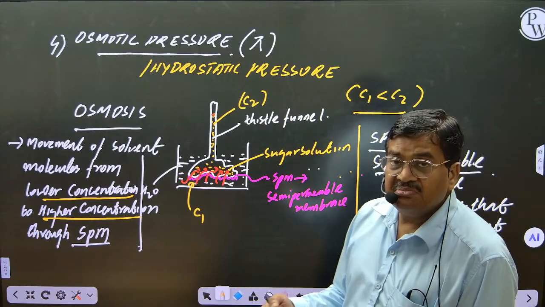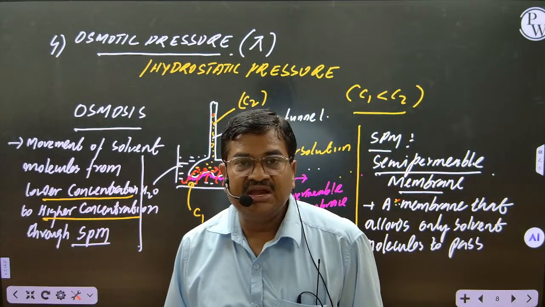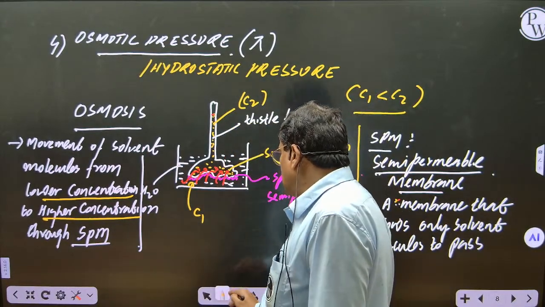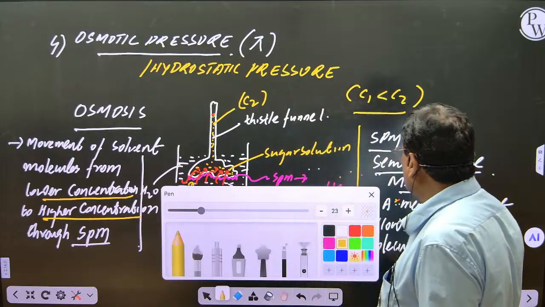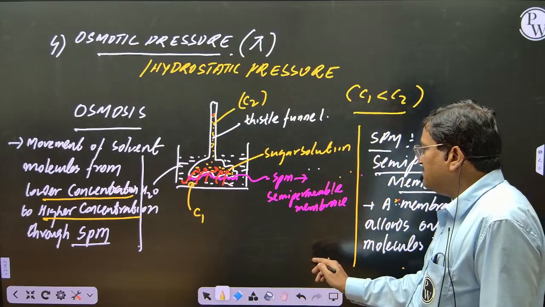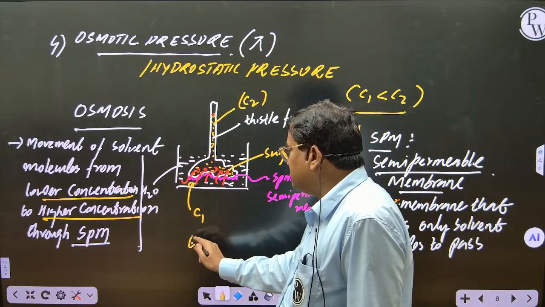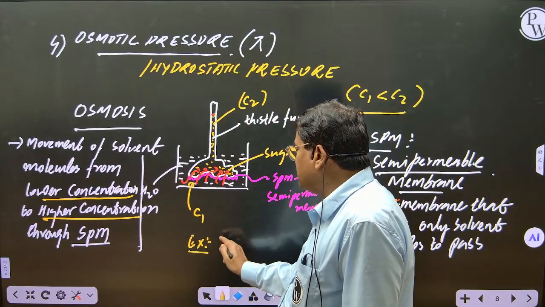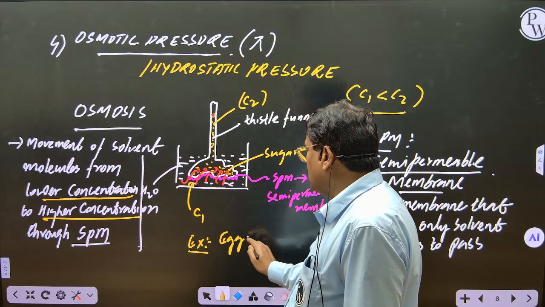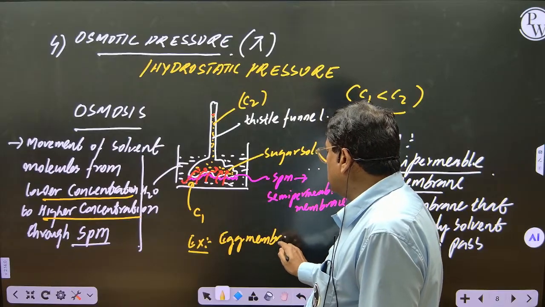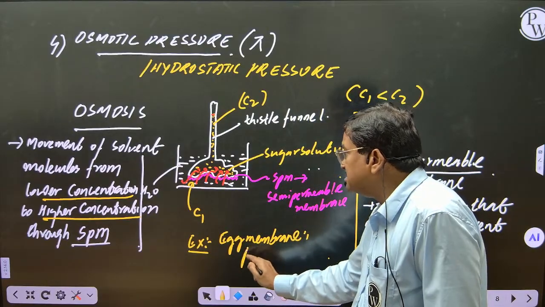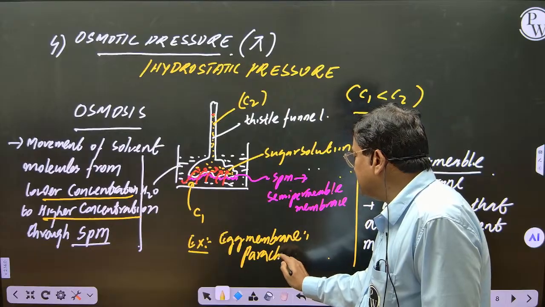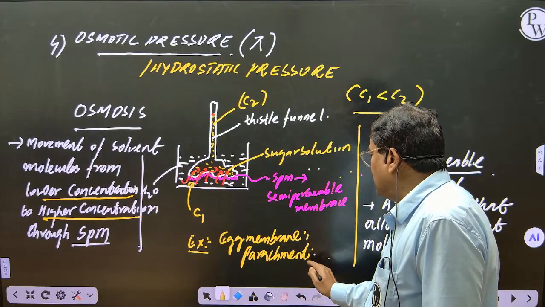Then what are the examples of naturally available semi-permeable membranes? If they ask, right here, egg membrane. On the egg layer, I am writing an example for semi-permeable membrane: SPM, egg membrane, as well as parchment paper, spelling P-A-R-C-H-M-E-N-T, and cellophane.